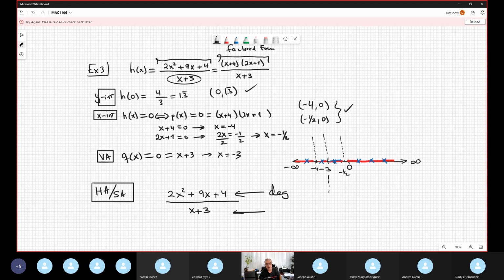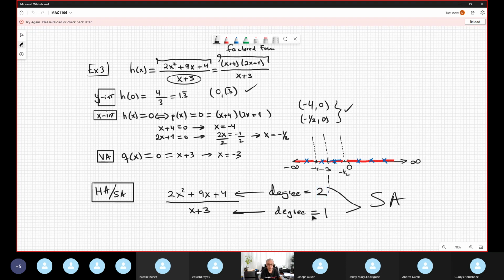The degree of the polynomial at the top is 2, quadratic, and the degree of the polynomial at the bottom is 1, linear. If the degree at the top is bigger, by exactly 1, it's the classical situation where we have a slant asymptote. Remember, horizontal is when you have the same degree, or the degree at the bottom is bigger. In this case, the degree at the top is bigger, by exactly 1.